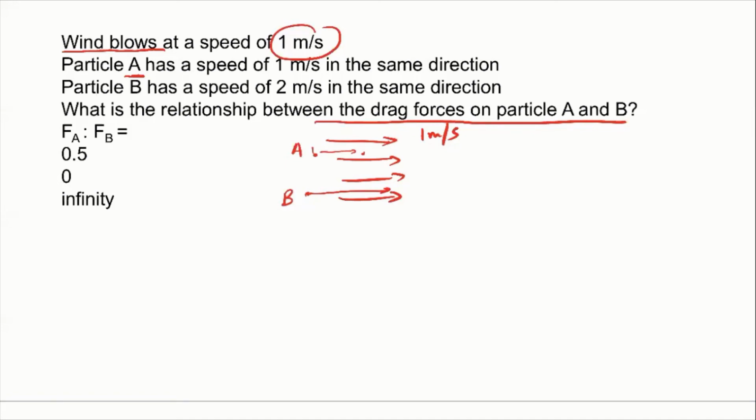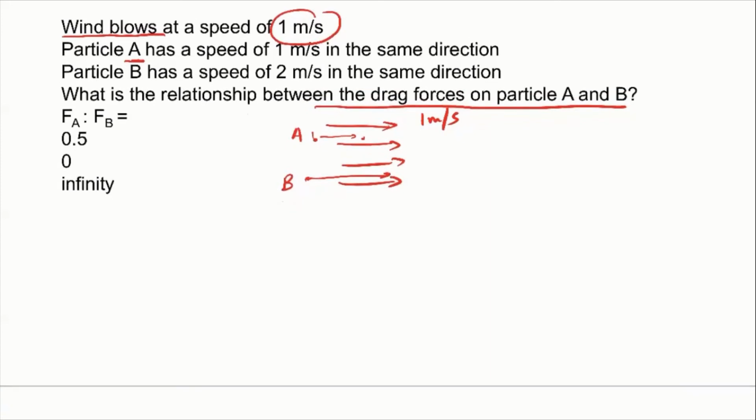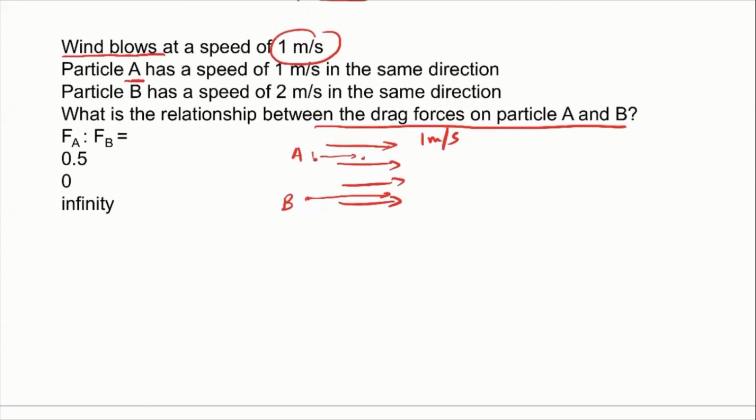Okay, we'll stop here. I'm a little bit surprised about the results here. So as we mentioned, the drag force is dependent on the relative velocity. So what is the relative velocity between particle A and the flow? Zero, right? It moves with the same speed as the wind.